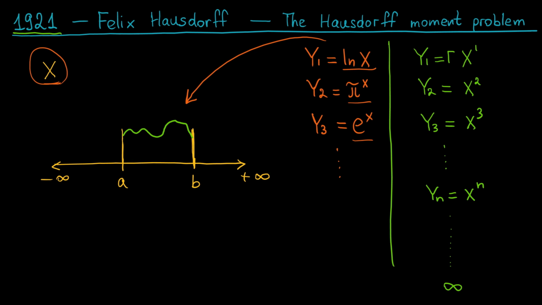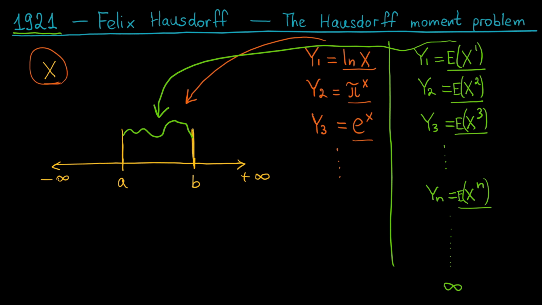And he was interested in the expected value of each of these, something that we call the raw moments today. And remarkably, he was able to show that the infinite sequence of raw moments fully and uniquely encodes the PDF we just drew here, the PDF of X.